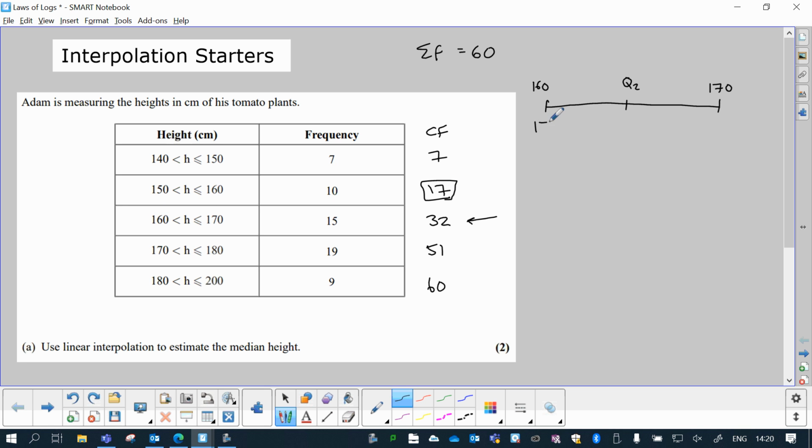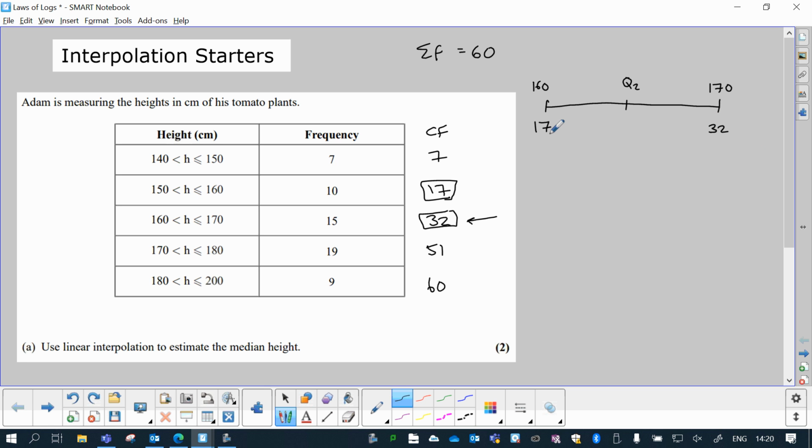At 170, we want to know how many data points we've had by the end of that group, 160 to 170. By the end of that group, another 15 have been added on, so our cumulative frequency is 32.